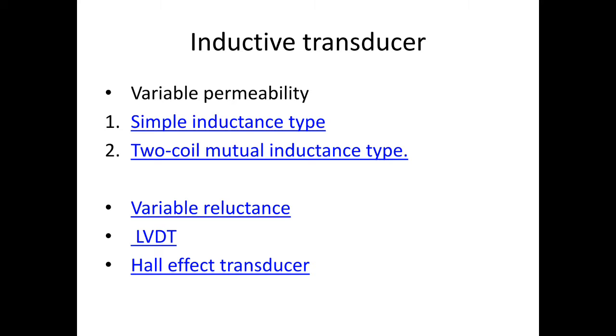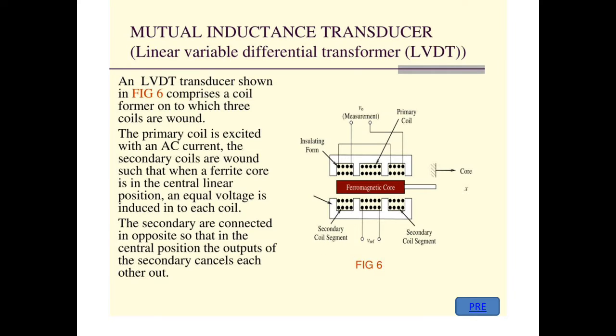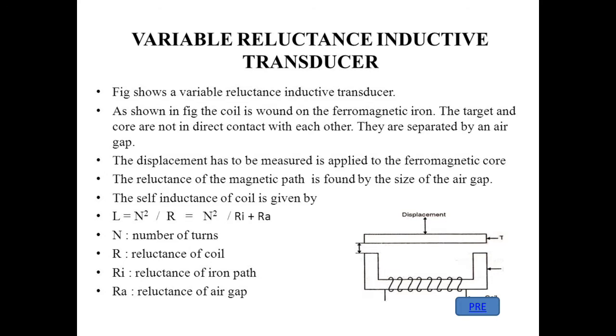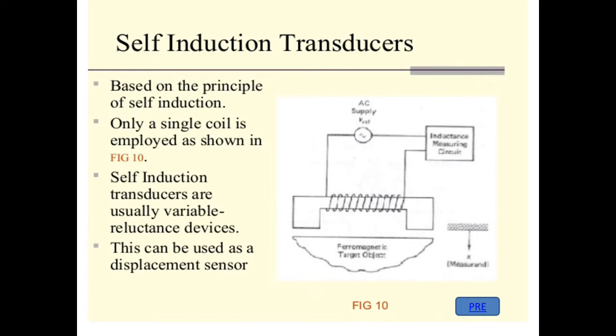The first one is simple inductance, in the sense only one single coil will be present, and it works under Faraday's law of electromagnetic induction. In this self inductance, only one coil is present and EMF is induced. I use magnetic materials, and according to the magnetic materials used, this transducer will be changed.